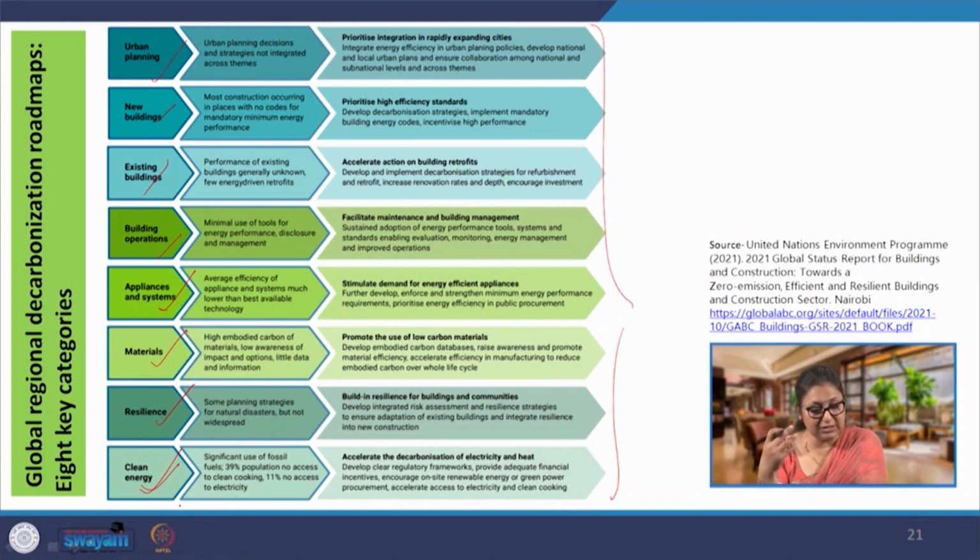Then we have to stimulate demand for energy efficient appliances, and we have to encourage the market for efficient appliances. We have to increase the standard of the appliances also. If you are aware of the BEE star rating, 10 years back we did not have a lot of companies which had their products star rated, but now more and more companies are coming under the umbrella and adopting the scheme.